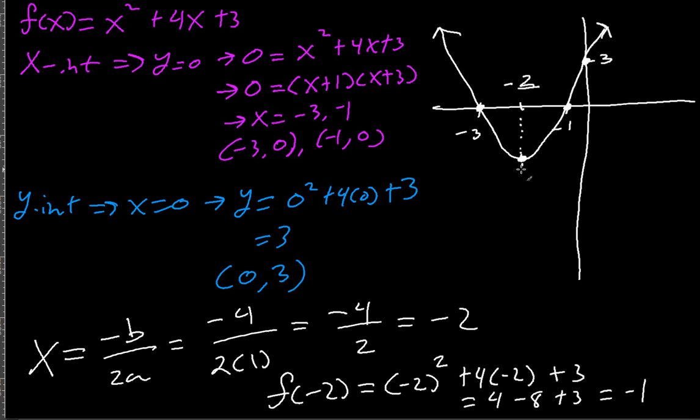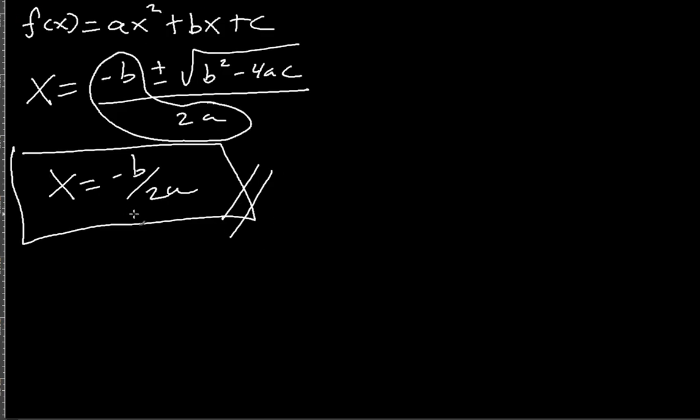So then we found that this point must be -2, -1. This is called the vertex. Okay? The vertex. So it turns out that this will give you the x-coordinate, and then you can plug this into the original function, plug it back in, and you can find the y-coordinate.